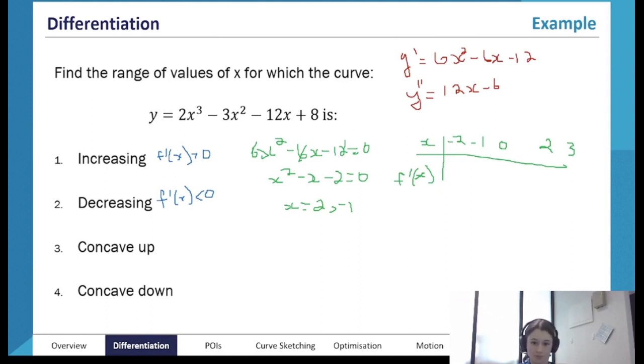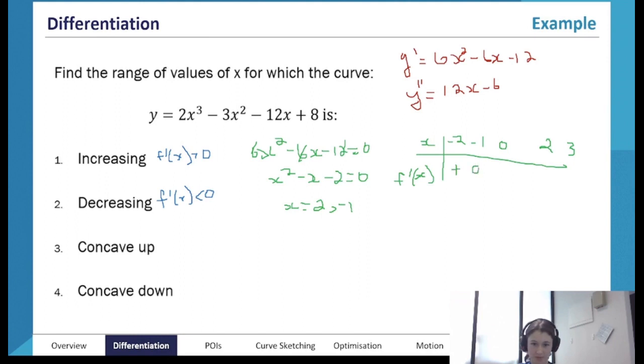So we are going to sub our values into the first derivative. So our derivative in this section here is going to be positive.